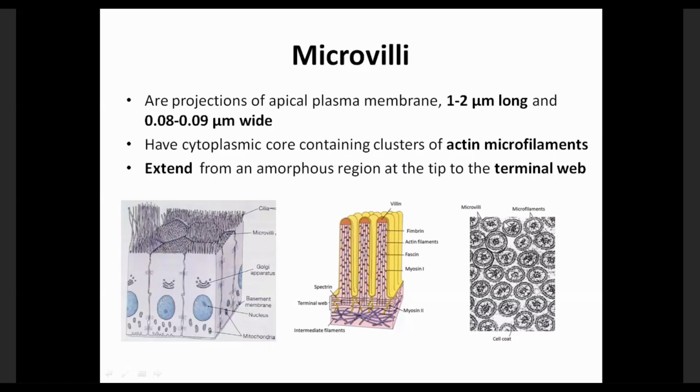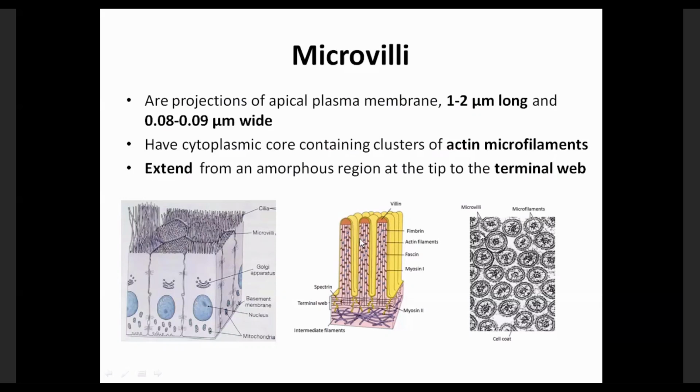We call this the terminal web. So from the terminal web up to the tip of the villus, we have the supporting microfilaments. And all this is in order to increase the surface area of such cells. So the function of microvilli is to increase the plasma membrane's surface area.